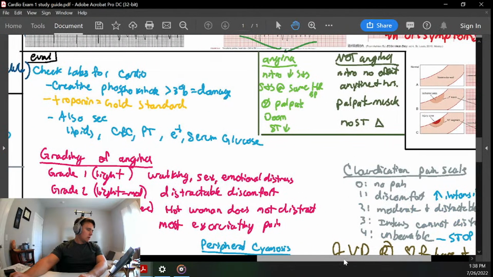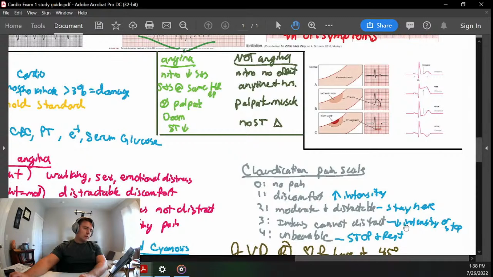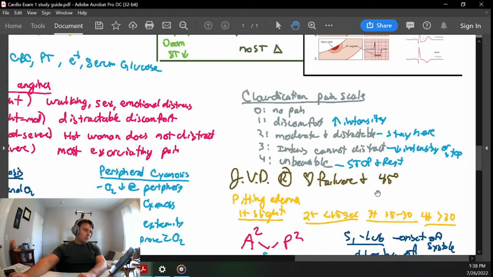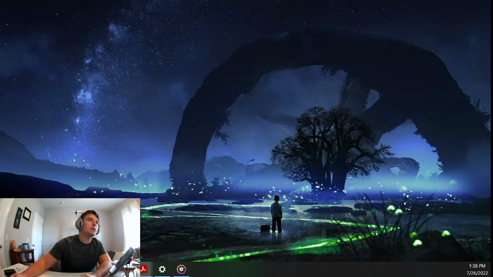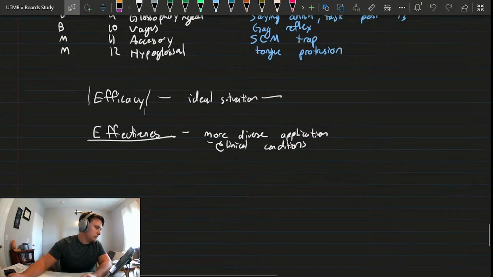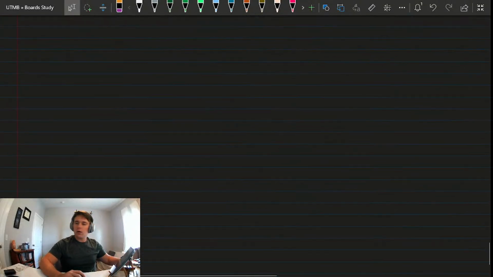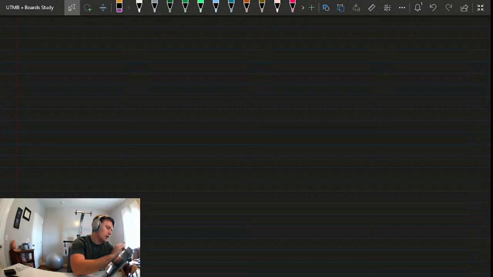So one thing is the claudication scale. This is pretty common with this, so I'm going to write that down up here. I'm going to write down the ABI scale and the claudication scale because they kind of go together. ABI scale, which is the ankle.